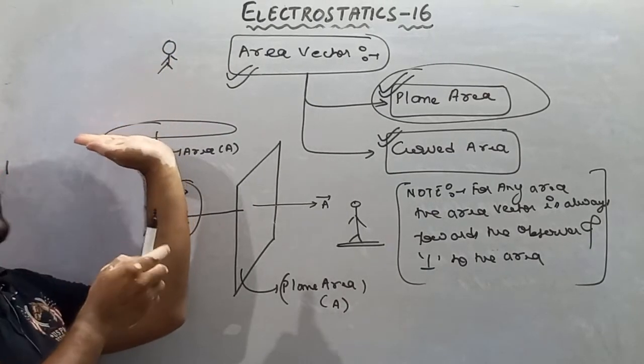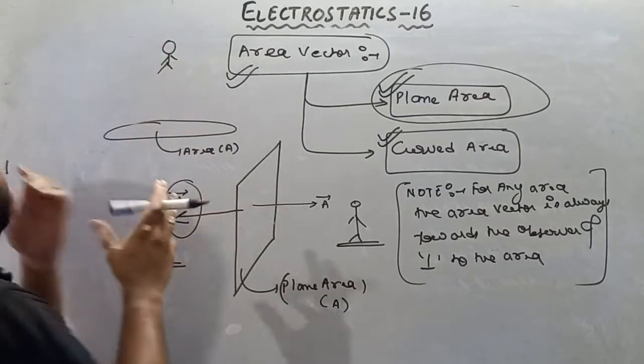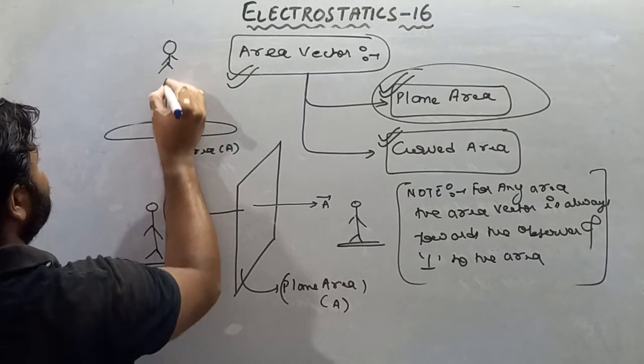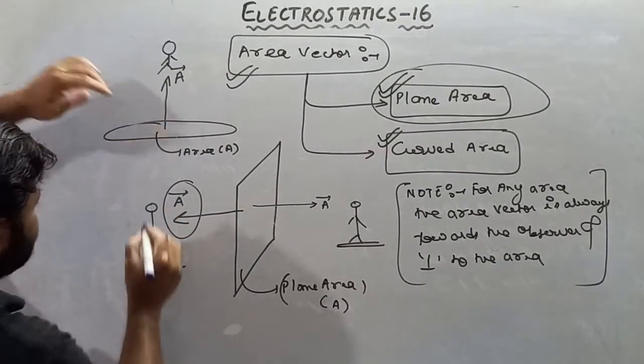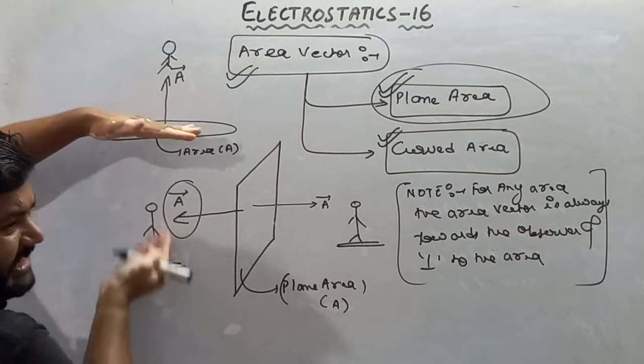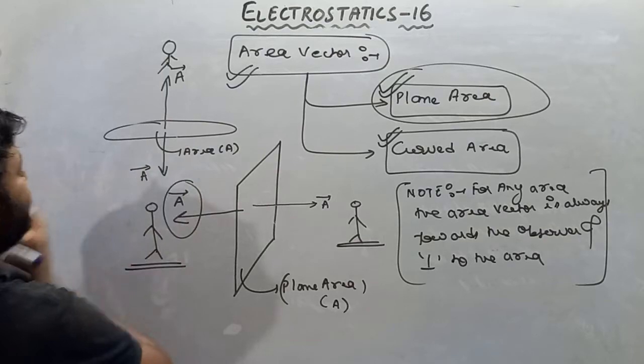So for this area, if the face of the area is in upward direction, then its area vector is towards the observer and perpendicular to the area. If we see this area in downward direction, then its direction is downward and it is your area vector.